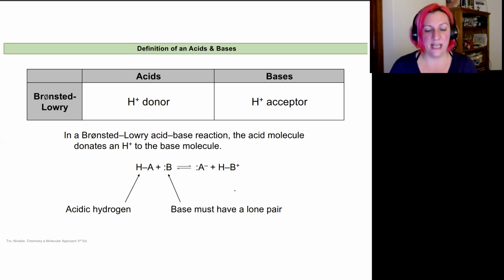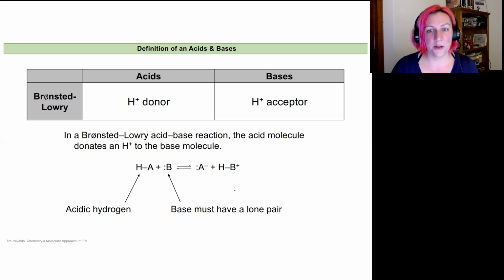It will be able to lose a hydrogen atom as a positive ion into a solution or to a base. And then a base is something that accepts that proton. So it's something that can form a bond to a proton. In our last case, it was that hydroxide ion. It had lone pairs that could form the bond to the H plus ion that was formed by our acid.